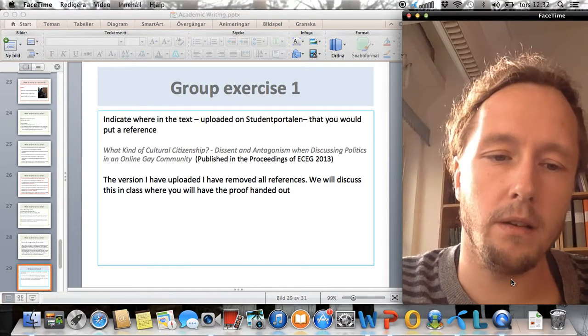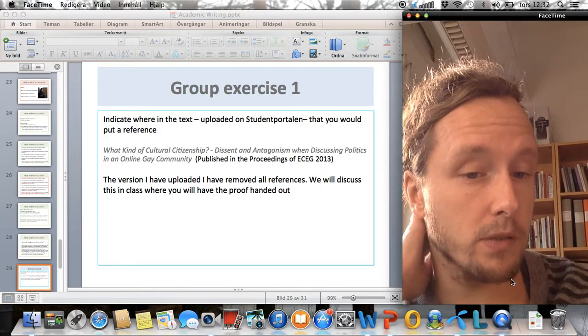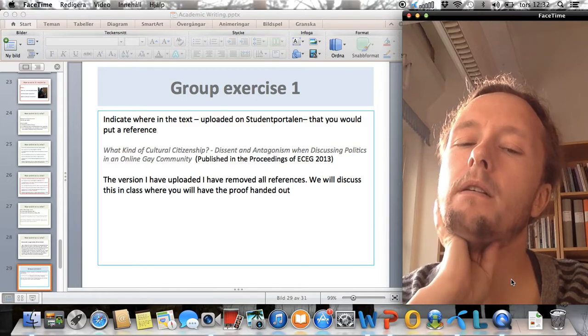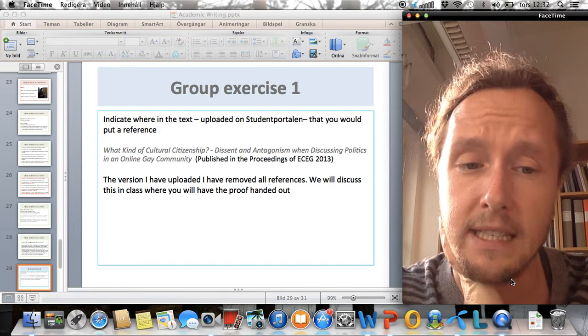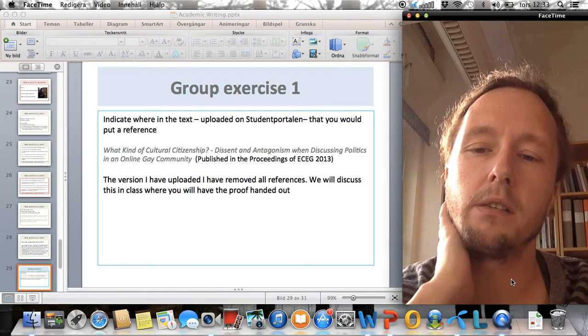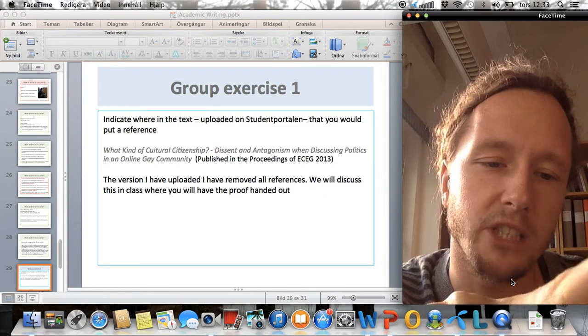Now, let's go over to the group exercise. So I have uploaded, well, I will upload on Studentportalen a text that I've published in Proceedings. It's a short text, it's 2,000 words, only 4 pages. What kind of cultural citizenship? It was published in the Proceedings. Don't go to the Proceedings and search for it now, okay?